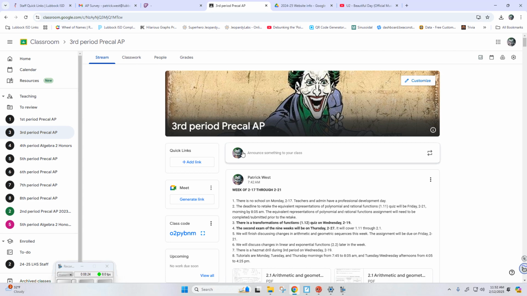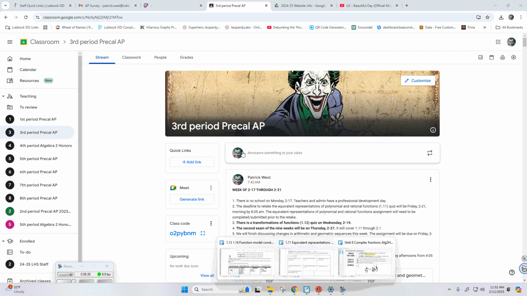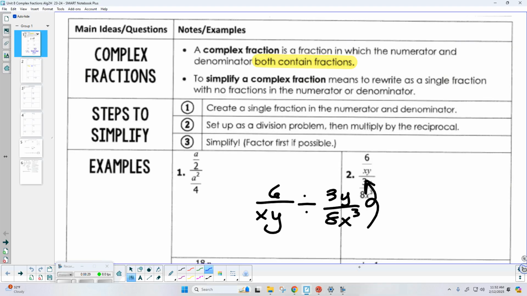Okay, and let's go ahead and wrap up complex fractions. So did anybody need another copy of these notes? Okay, complex fractions. Anybody else?